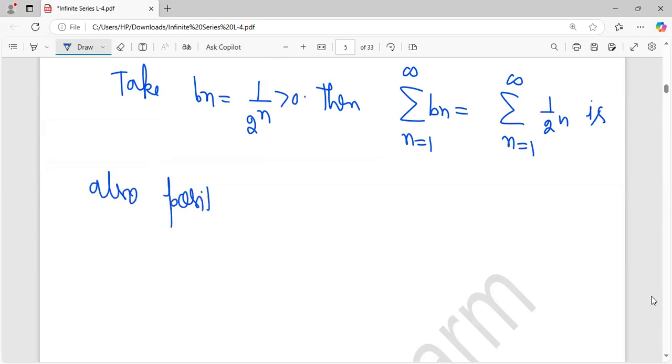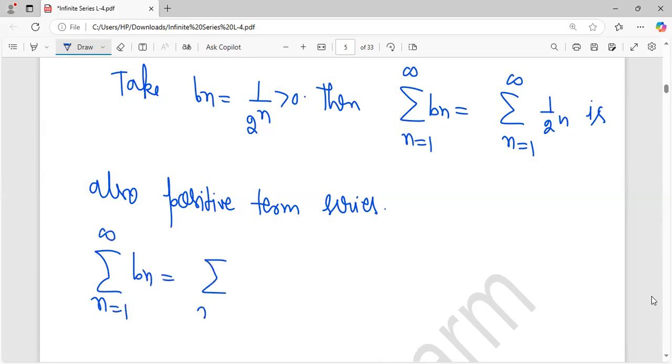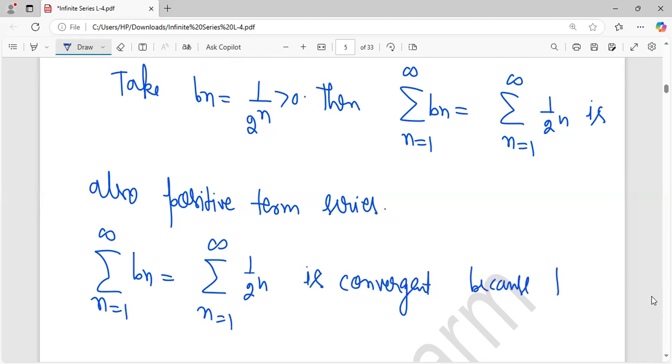Now this series, summation Bn, is convergent, because this is a geometric series.